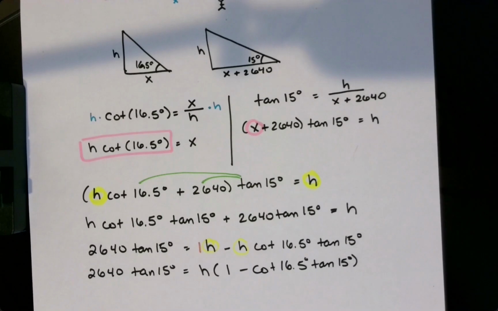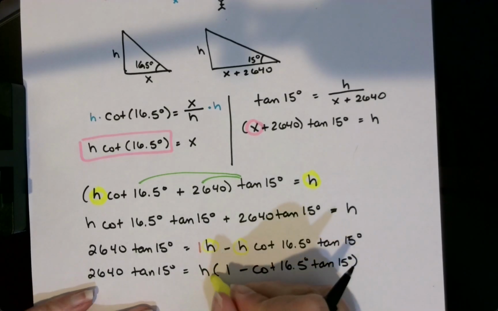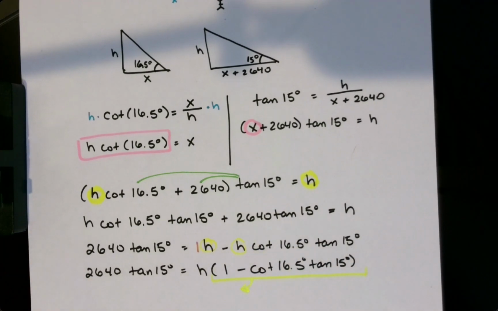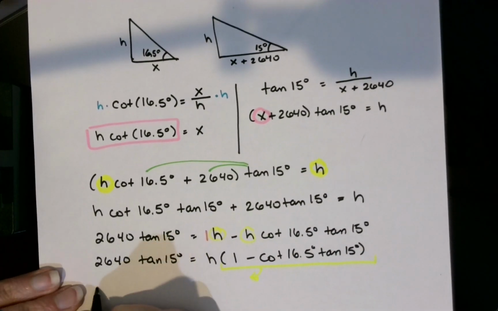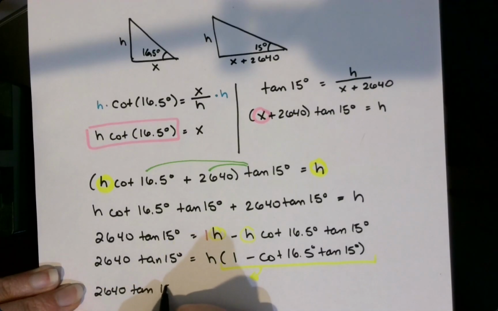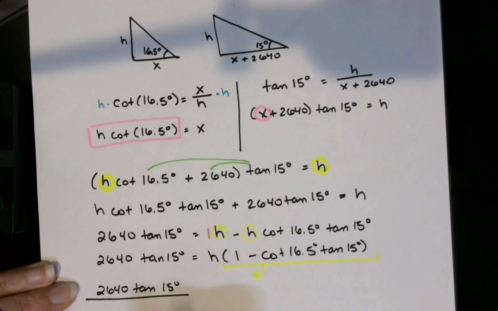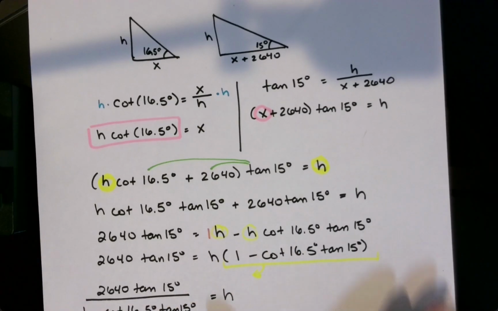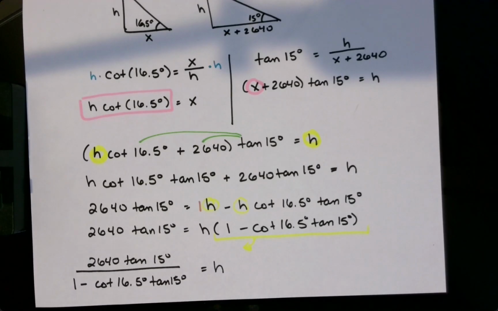Okay, quick little division. We can now divide this entire grouping over to the other side, and we'll have solved for h. 2,640 times the tan of 15 divided by 1 minus the cotangent of 16.5 degrees times the tangent of 15 degrees is equal to h.